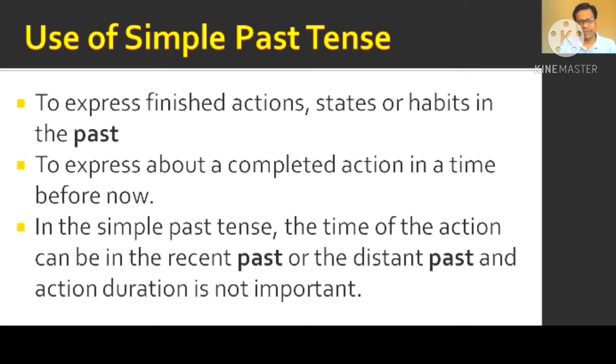The third use of simple past tense is, in the simple past tense, the time of the action can be in the recent past or the distant past, and the action duration is not that important. The point is, if at all the action is completed in the past, do express that in the simple past tense only.